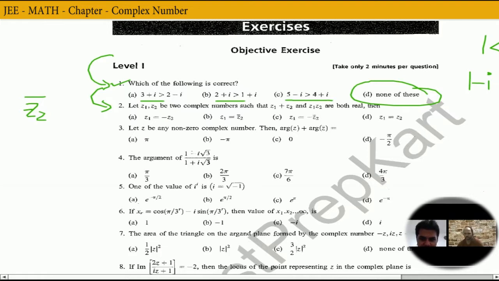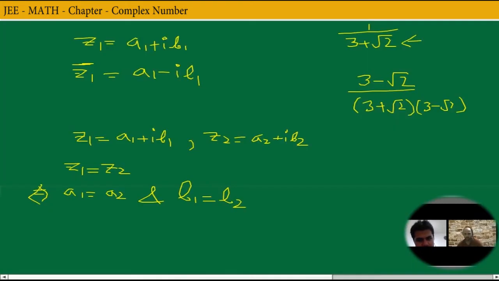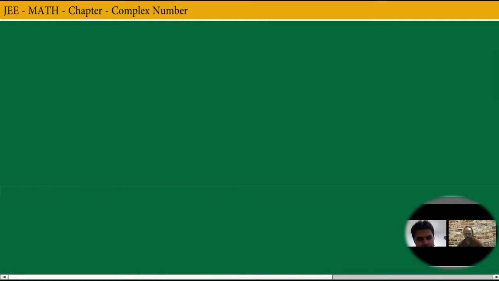First, let's consider Z1 equals A1 plus IB1 and Z2 equals A2 plus IB2.